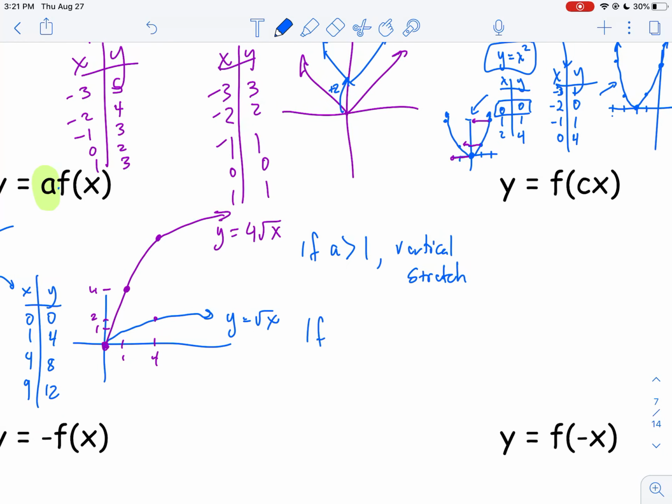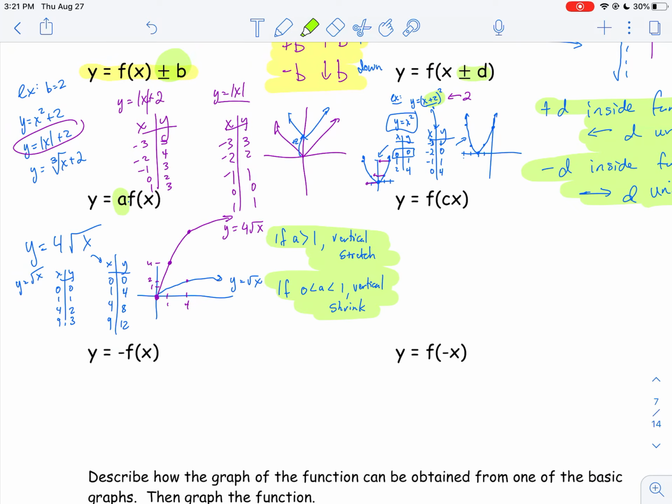But if a is between 0 and 1, it's going to be a vertical shrink. And hopefully that makes sense to you, that multiplying by a is just going to take the y values and multiply them, and so it's going to stretch them out.